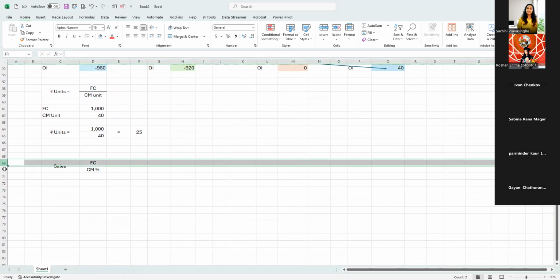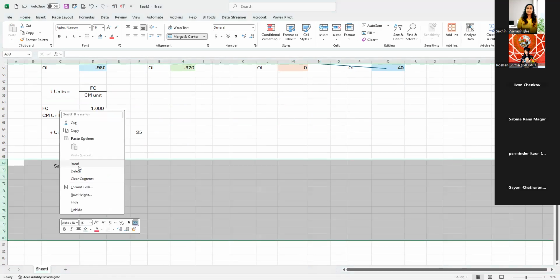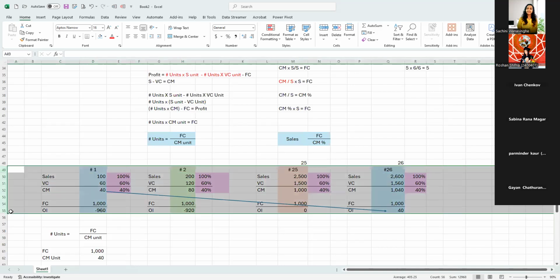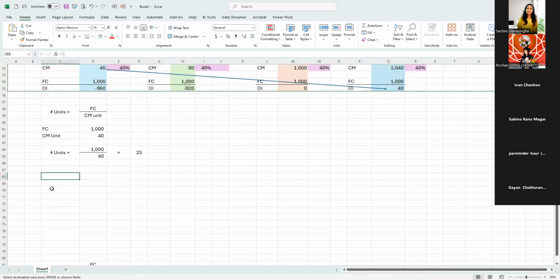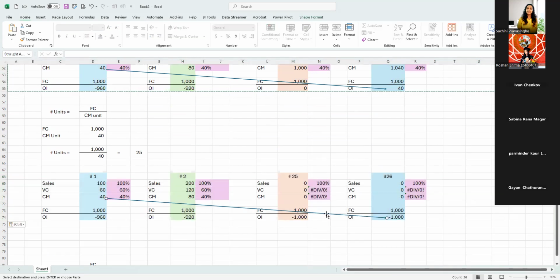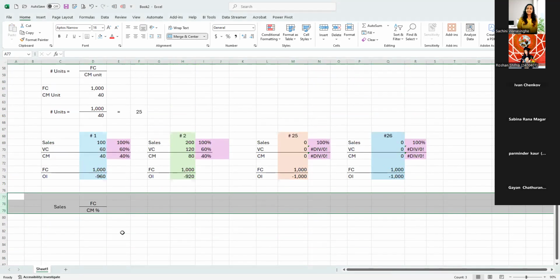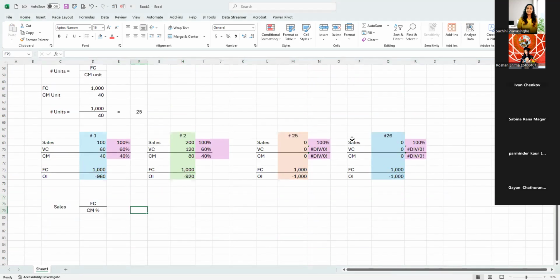In order to do that, I have to insert some lines here, right? Let's get those lines and let's start working. Where is our formula? Our formula should be here somewhere. Okay. We already know 1, 2, 3 units.